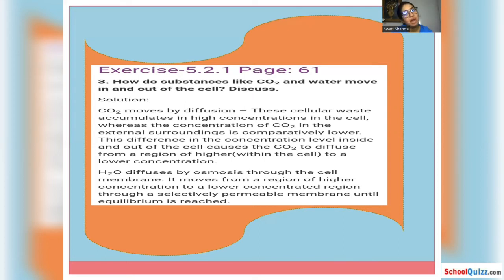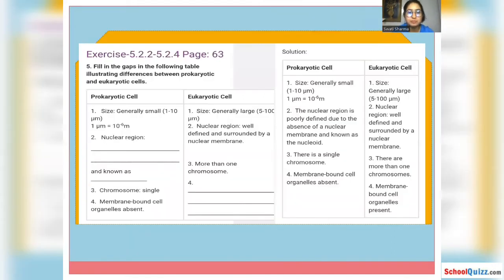So you should make a thumb rule that if there is any process in which energy is not involved, then it is obvious that any substance is moving from its high concentration to low concentration. That is only possible. Okay, so in that way the in and out movement of water and CO2 has been seen in the cells.